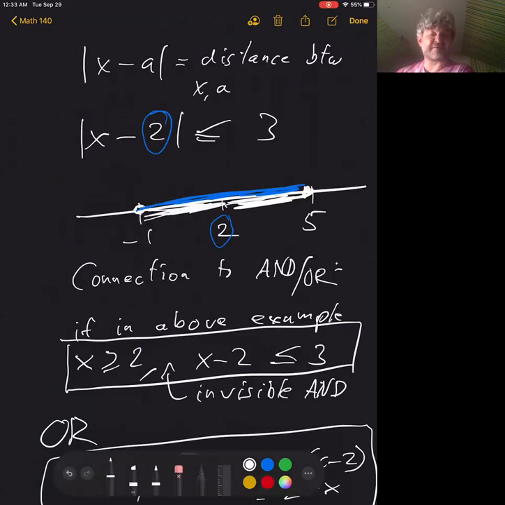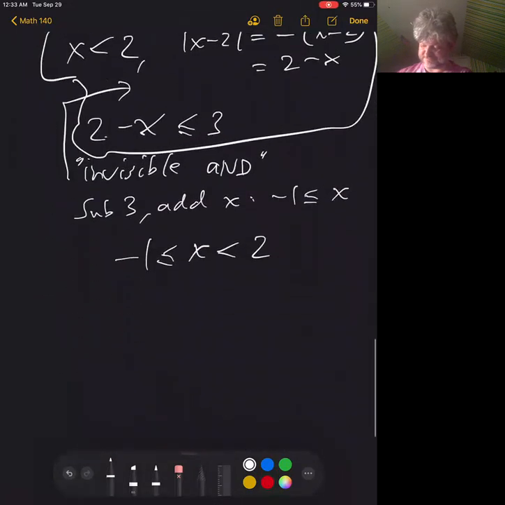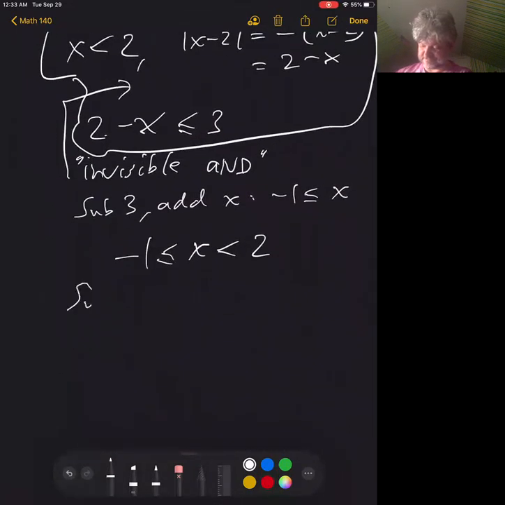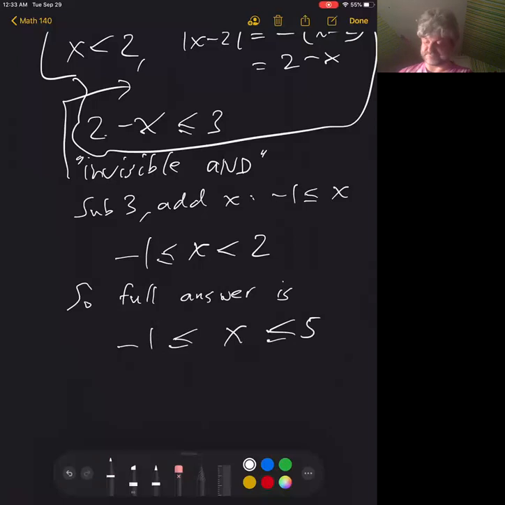And both of them together, remember the OR combines, give me the final answer, the full answer to the problem. Full answer is minus 1 less or equal x all the way up to 5.